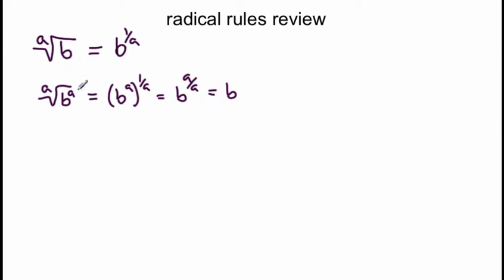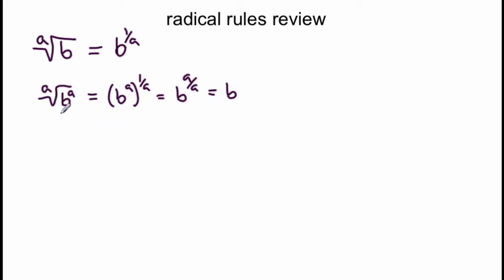So if the index and the radicand have the same exponent, they're going to undo each other nicely. Some inverses here, some reciprocals canceling, and then we'll be left with b to the 1.